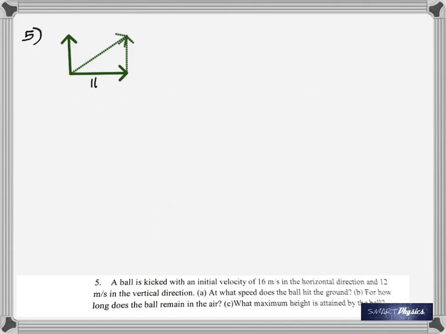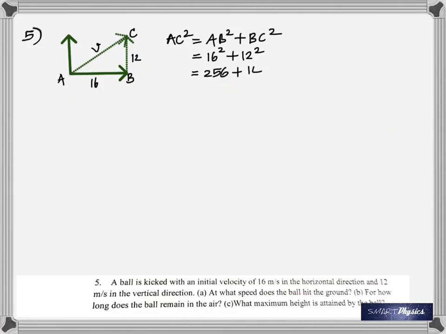So just find the resultant of what's given, which is 16 and 12. And you know that AC is just going to be square root of AB squared plus BC squared, and you get it as 256 plus 144, which gives 400, and the square root of 400 is 20 meters per second.